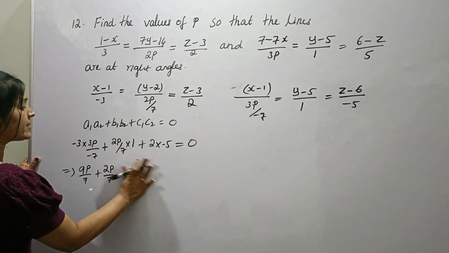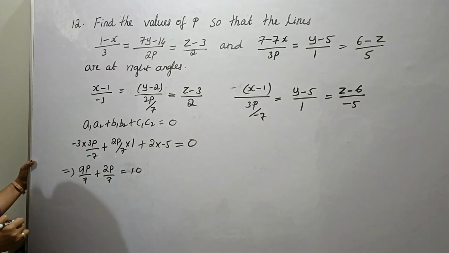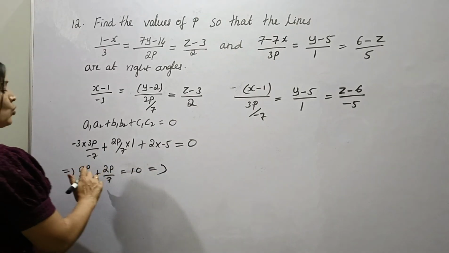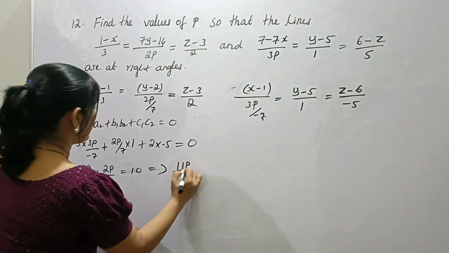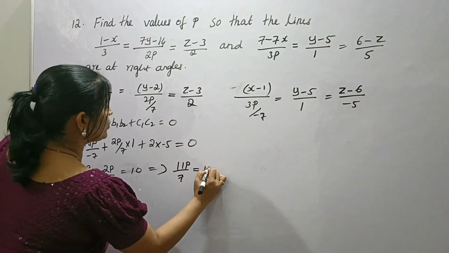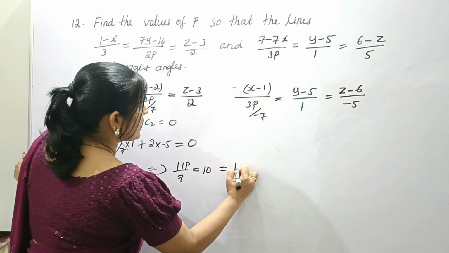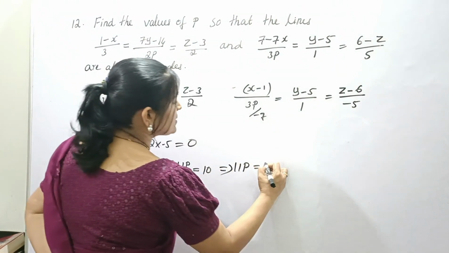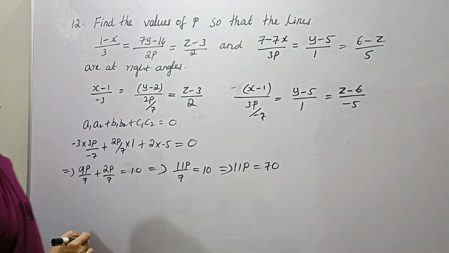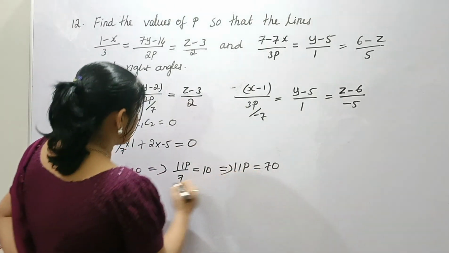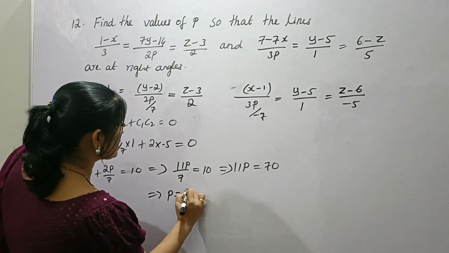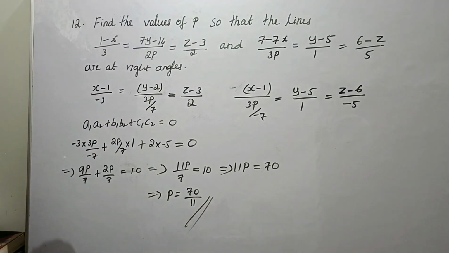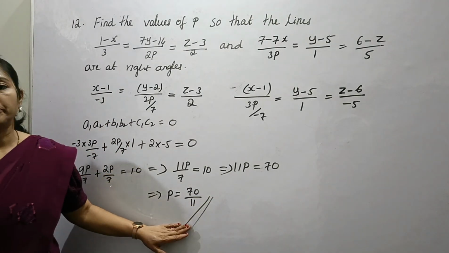Take this 10 to the right side. So 9P plus 2P, 11P divided by 7 is equal to 10. That implies 11P is equal to, take this 7 to the right side, 70. That implies P is equal to 70 divided by 11. The value of P is 70 divided by 11.